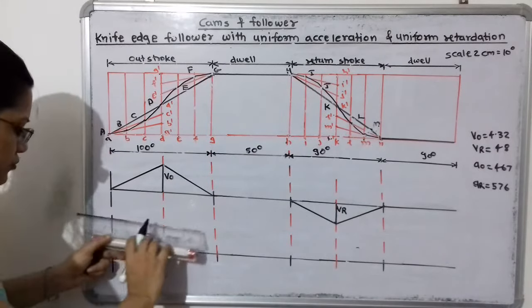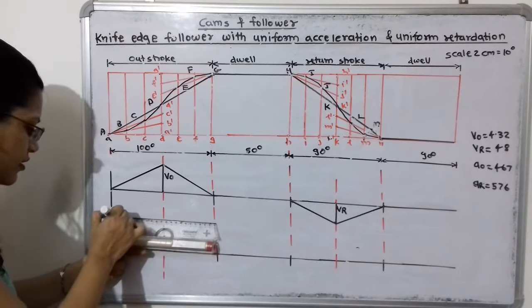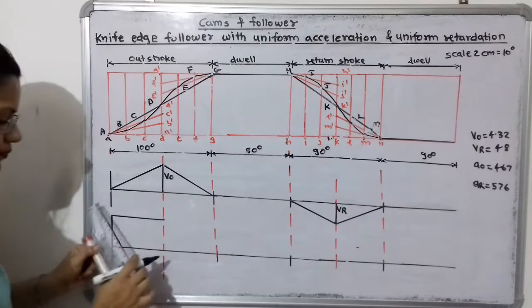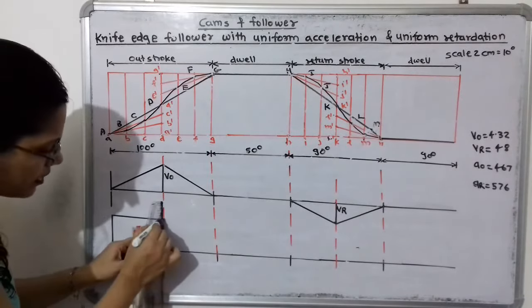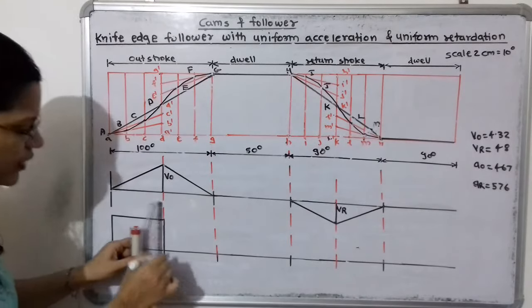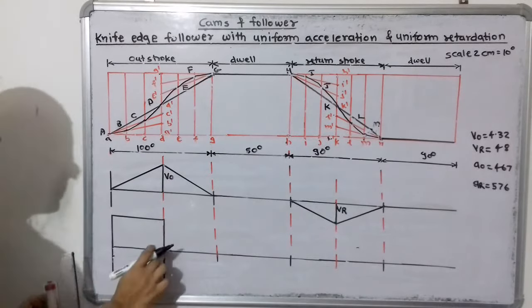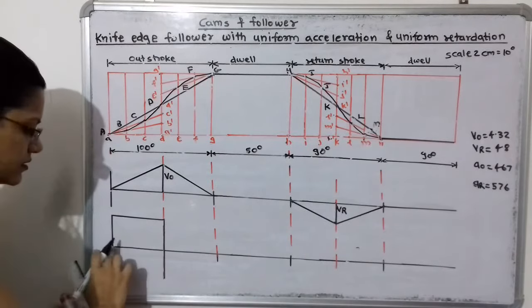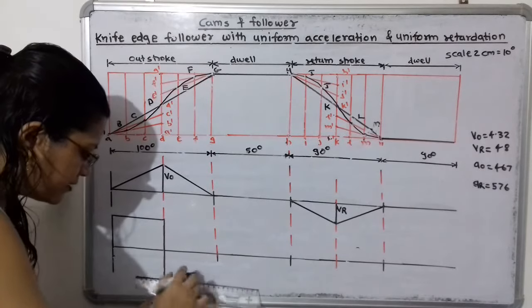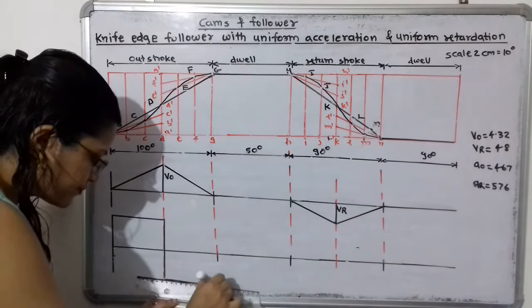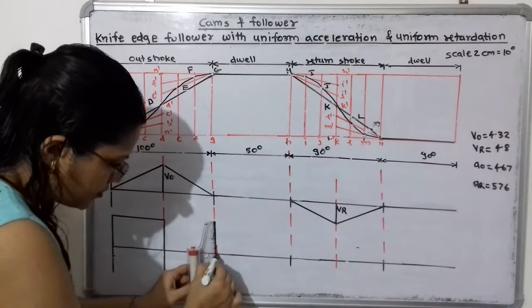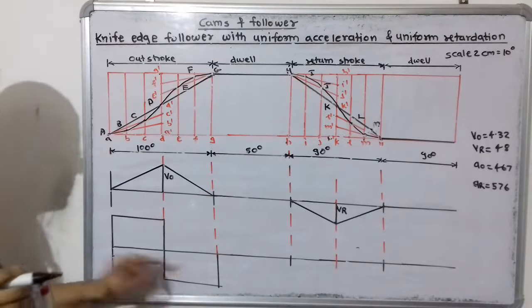So I will draw this straight line during the first half, and again it will become 0, and then we have to show this line below this horizontal line, and here we have to show this graph.